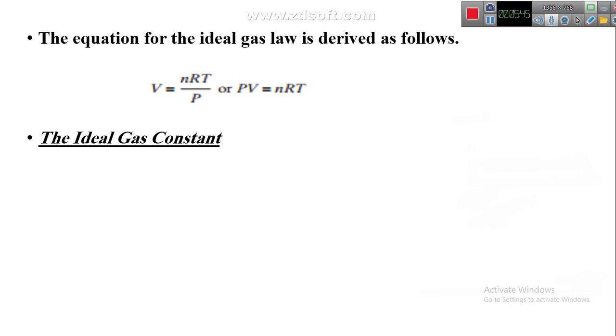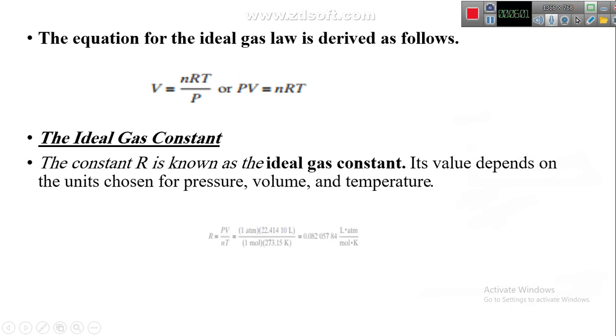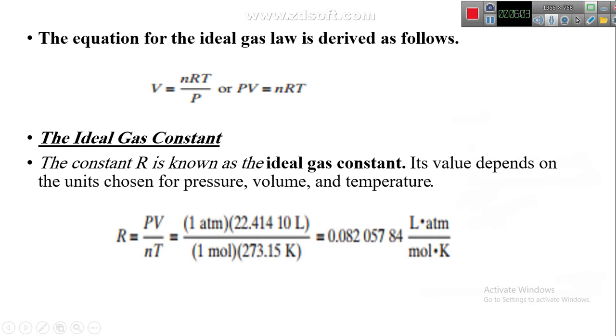For the ideal gas constant, we can use the relation PV equals nRT. Then the ideal gas constant is equal to PV over nT.